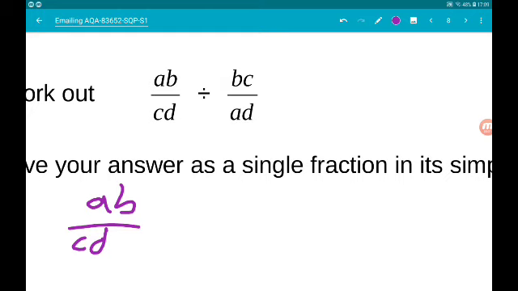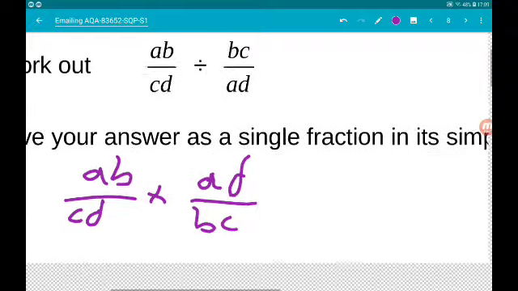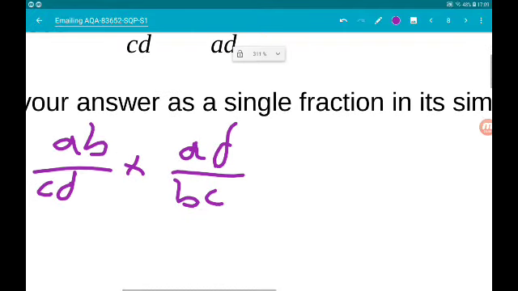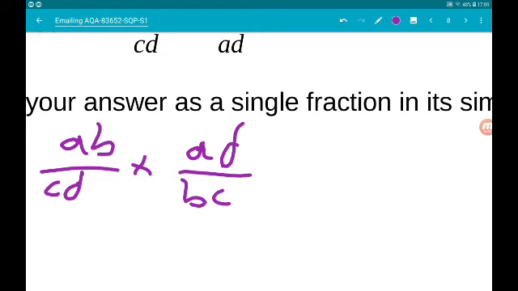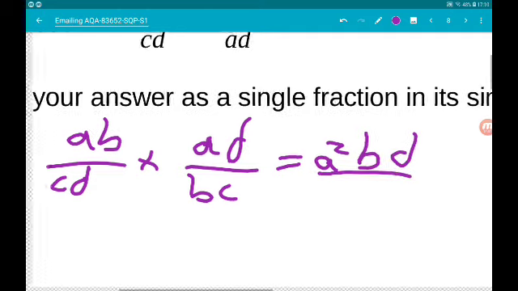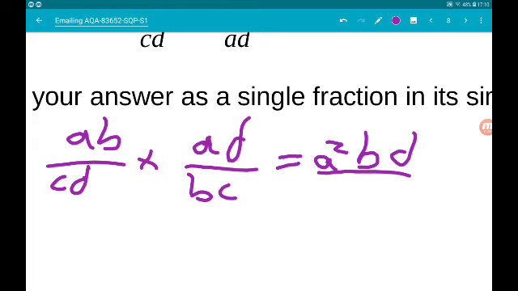So we've got AB over CD times AD over BC. So up on top, AB times AD is A squared BD, and on the bottom we get BC squared D.